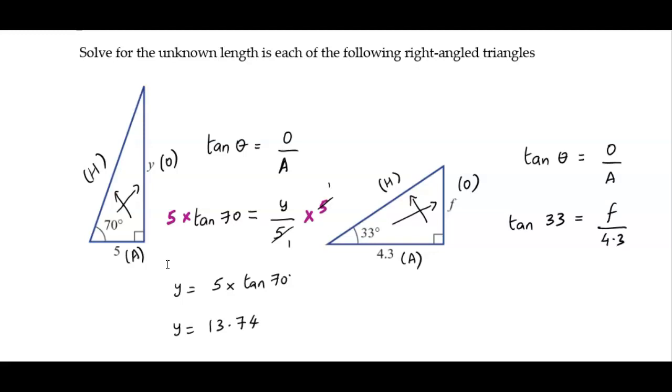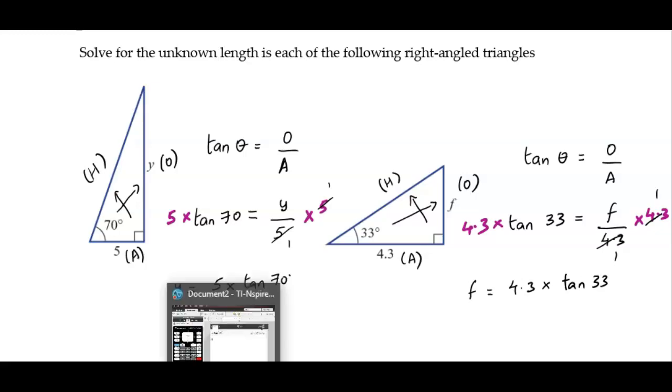Again, if I were to solve for f, I want to multiply both sides by 4.3. So the 4.3 goes into itself once, leaving us with f equals 4.3 times tan 33.